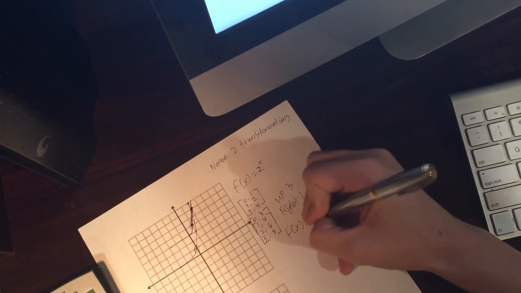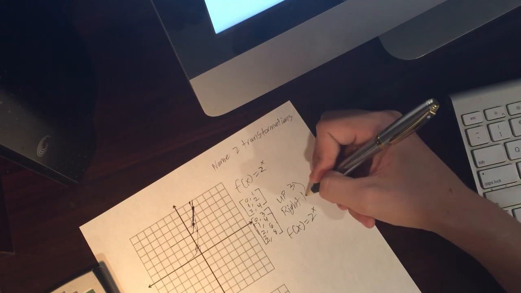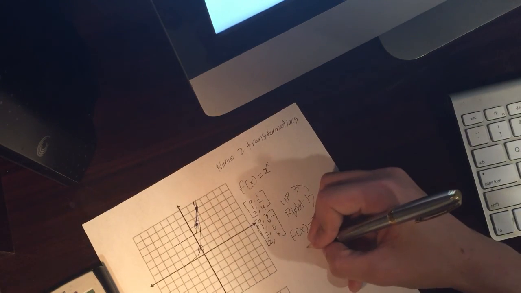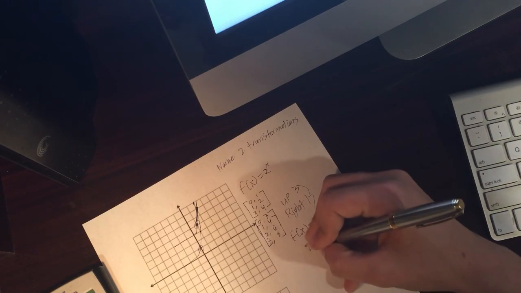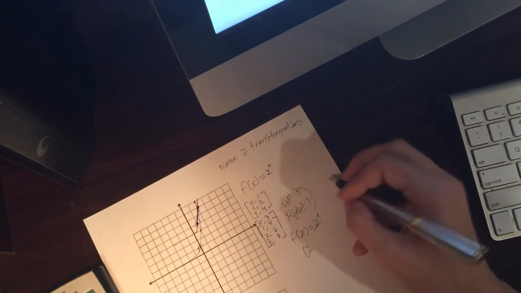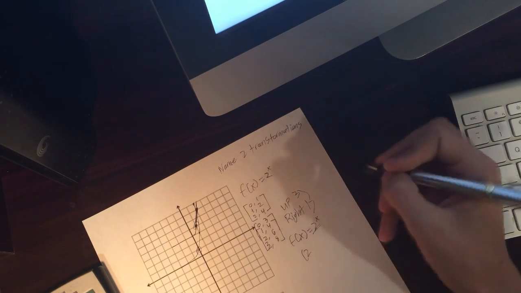So f of x equals 2^x. Now we have to plug in up and right into this. So the way that we plug in right is that it's going to be 2, then we're going to make a parentheses. Now, since it's going right, you might think that we have to put plus, and then whatever numbers.